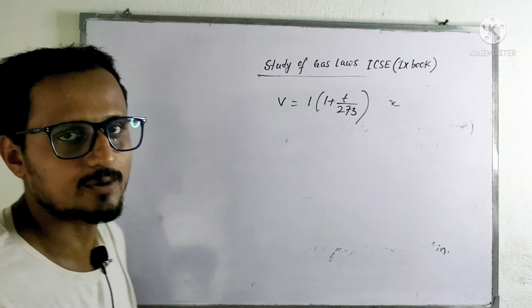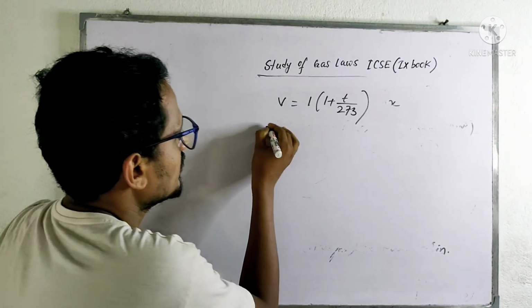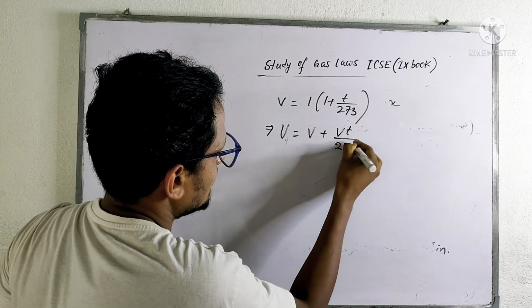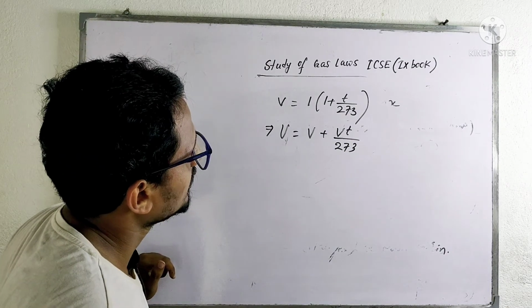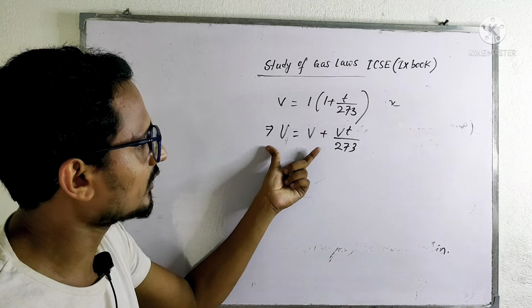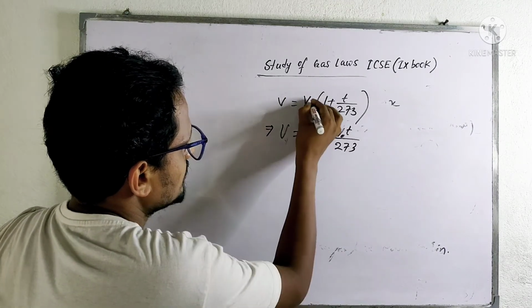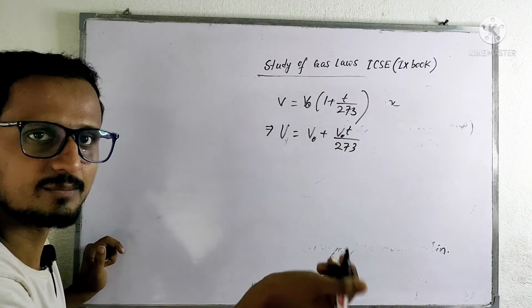This was the equation of Charles law in Celsius. Now we can rewrite this equation by multiplying, and we want to plot this, where V0 will be there.